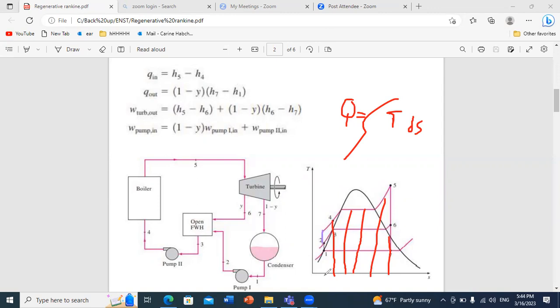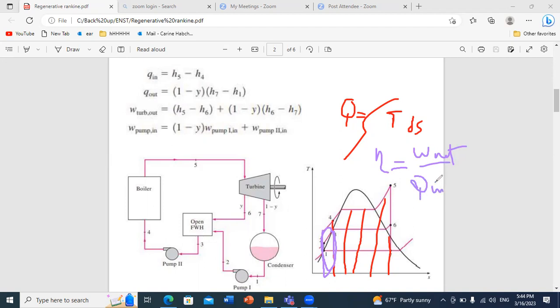So you are reducing the energy consumption by using the system. You will reduce the value of Q dot in, and you know that the efficiency of your system is calculated as W net over Q dot in.